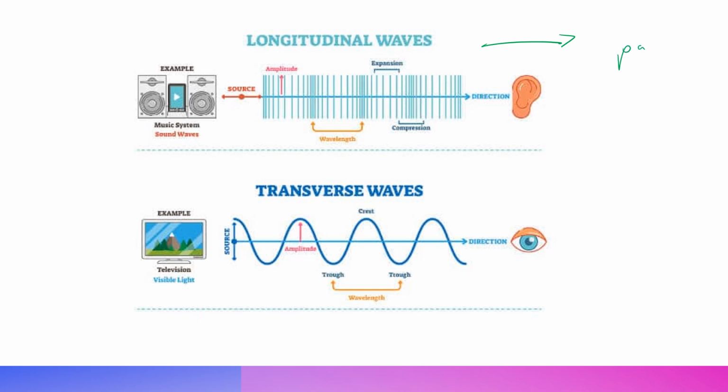So these are moving parallel. Whereas transverse waves are going to move, basically the energy moves up and down, but the wave moves side to side. So these move what we say perpendicular to the movement.